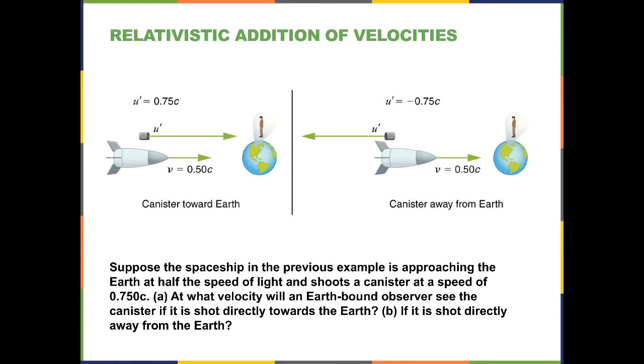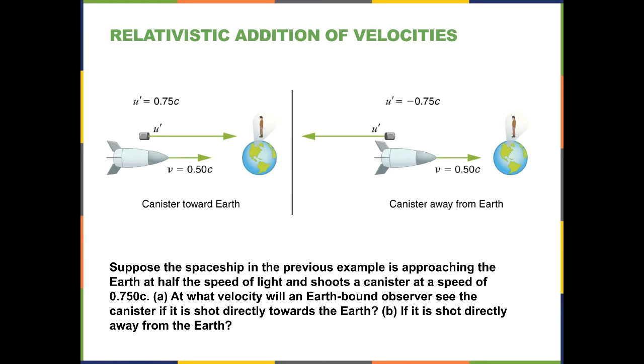Now here's one where we can actually use the formula that we have. We have a rocket traveling towards Earth at a velocity of 0.5 c, and a canister is fired off the rocket, let's say it's a torpedo, at a velocity of 0.75 c. So to an observer on the Earth, in part A, if both are headed in the same direction, what is the velocity of the canister?